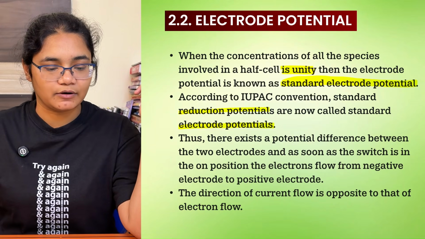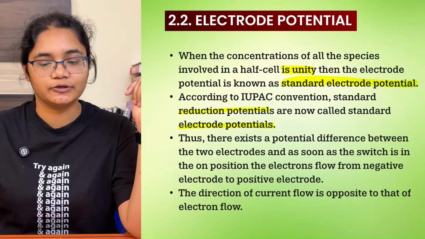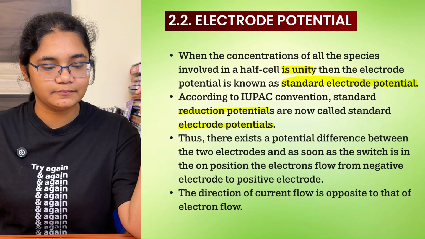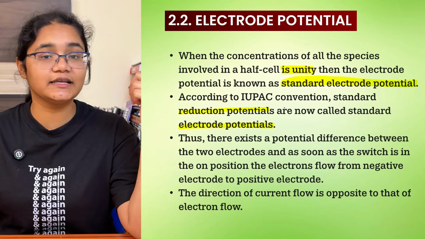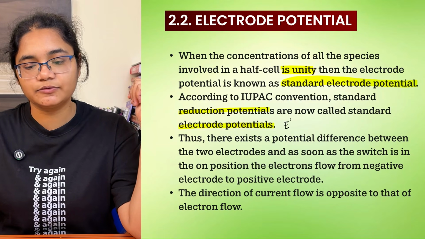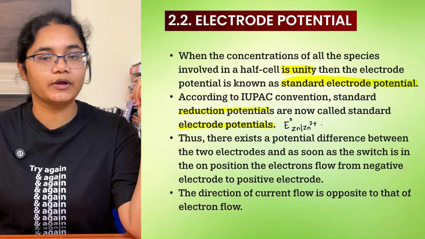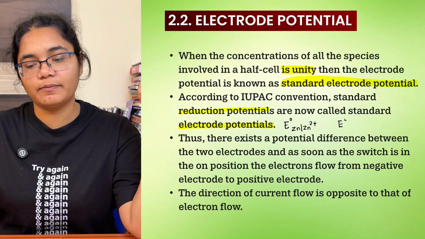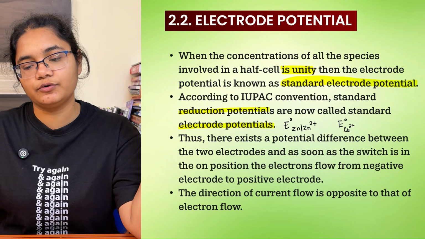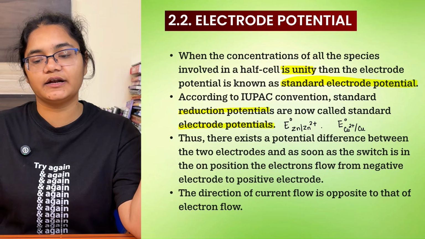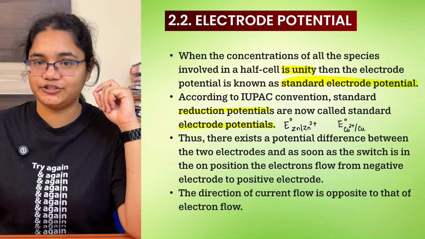Now I'll give you an example. What is oxidation potential and what is reduction potential? Zinc is undergoing oxidation, so what is the oxidation potential of zinc? You write Zn to Zn2+. And what is the reduction potential of copper? Copper is undergoing reduction, so Cu2+ to Cu. This is the reduction potential and that is the oxidation potential.